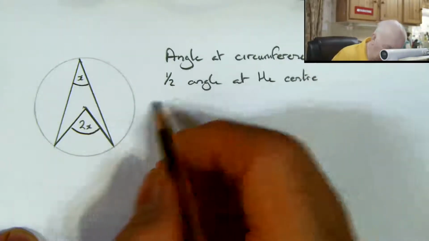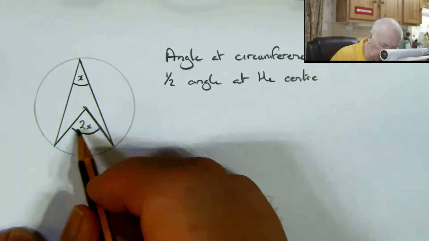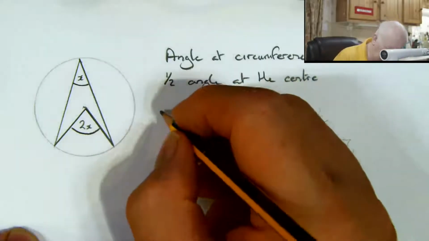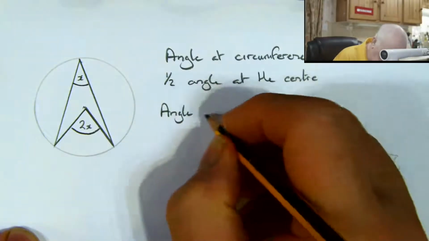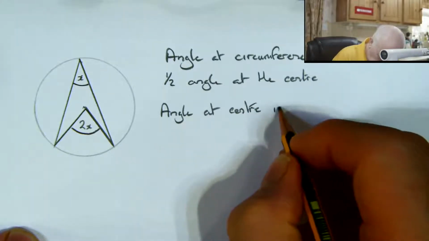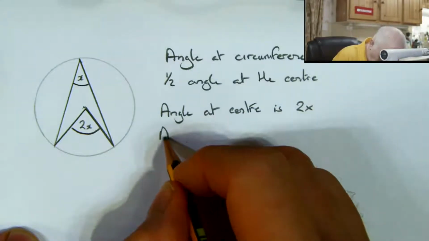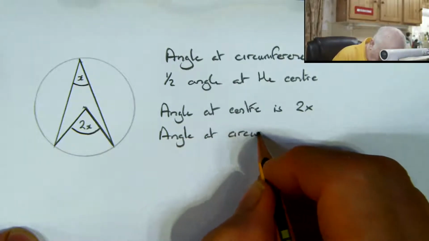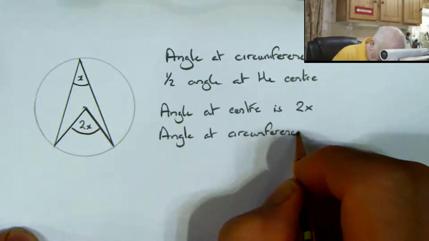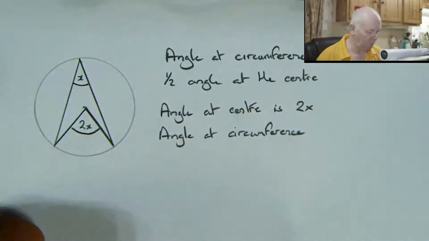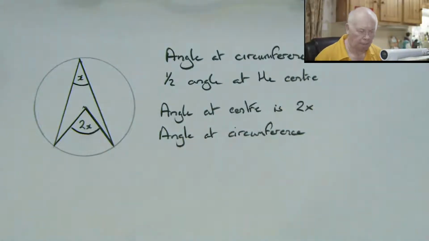Or we could have written that to say the angle at the center is going to be twice that of the angle at the circumference. And we're seeing that we're getting 2 for the price of 1. Let's draw another one.